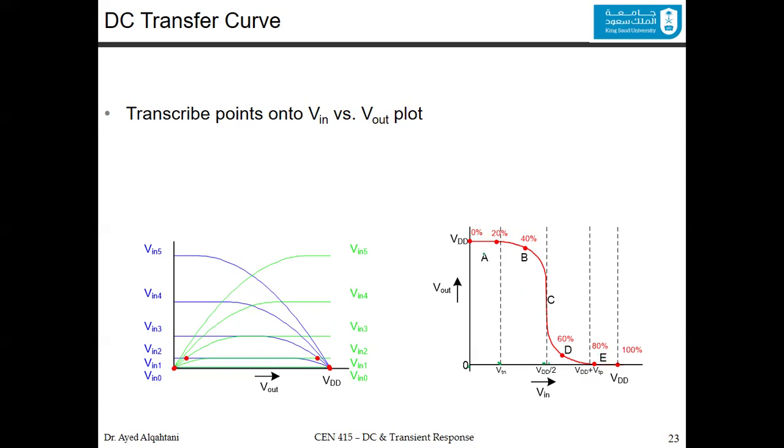Now you can see that for regions A, B, D, and E, we have examples where we have operating points in our case. Now the dangerous part is region C. This is when exactly your input is VDD divided by 2. In that case, you don't know exactly what the voltage at the output is. This might be this one or this one or this one.